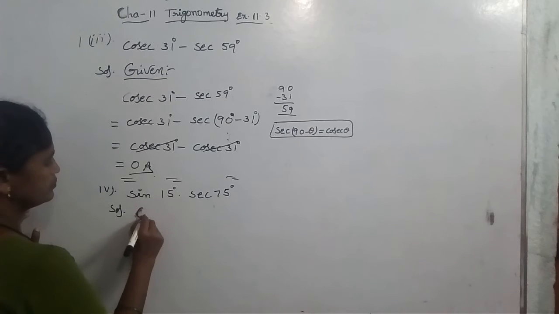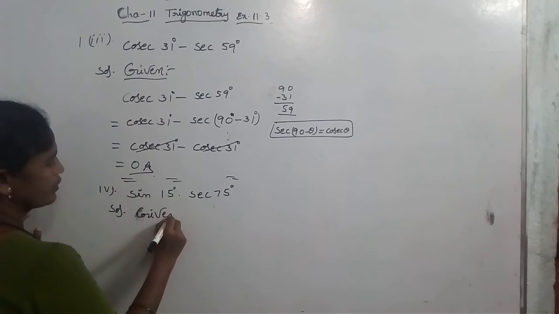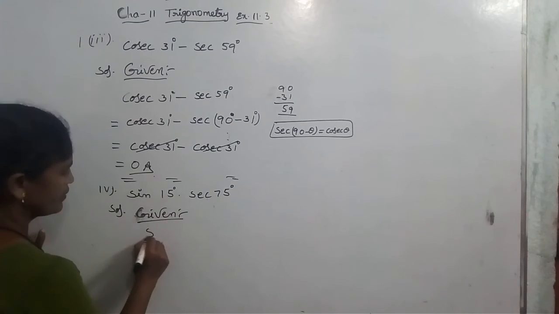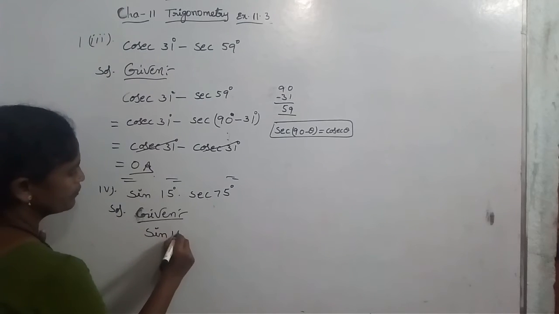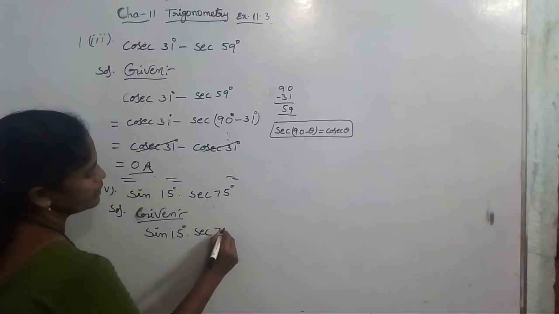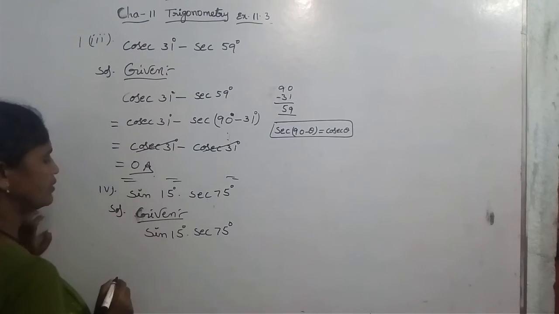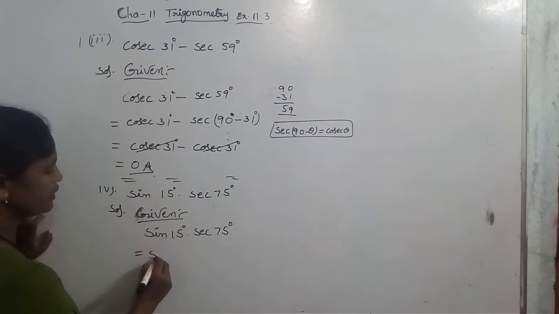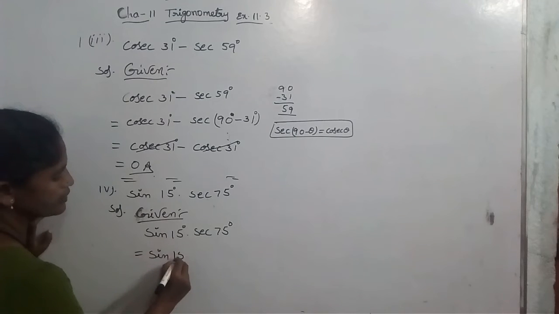Given sin 15 degree, secant 75 degree. In this also, keep sin 15 as it is.